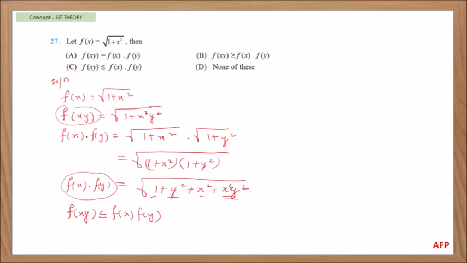Because here only 1 plus x square y square is there under the square root. Here 1 plus x square y square plus the additional terms y square plus x square are there, so f of x into f of y is greater than f of xy, or it is equal. So here C is the option.